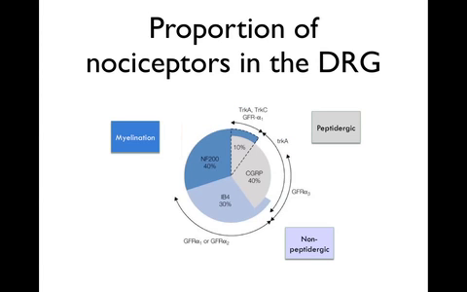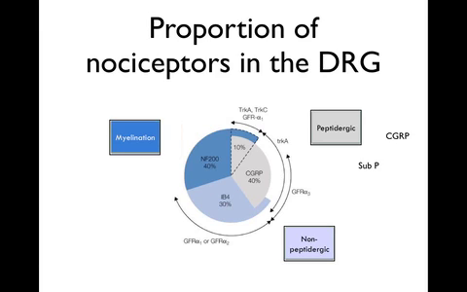So if we divide the proportion of the nociceptors in the dorsal root ganglion, we'll see that about 40% of them have myelination. That's A beta, A alpha, and A delta. About 40% are peptidergic, which release the substance P, as I said, and the CGRP, and another 30% are non-peptidergic.